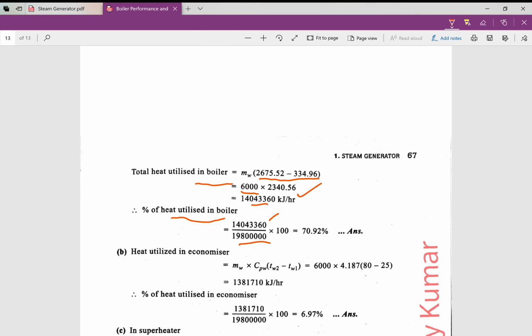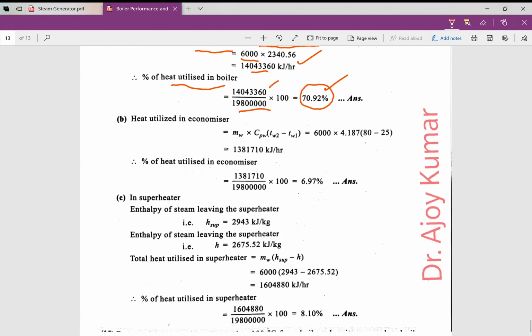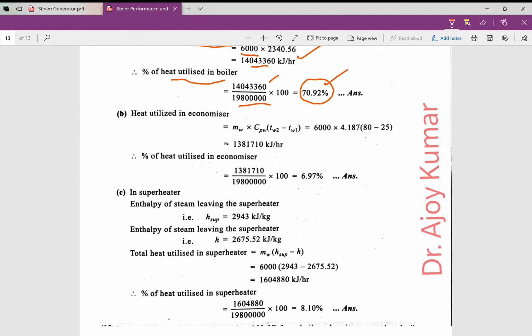So students, please see, total heat utilized is 70.92%. And then the remaining goes to the economizer and superheater. Now the B part is heat utilized in the economizer.